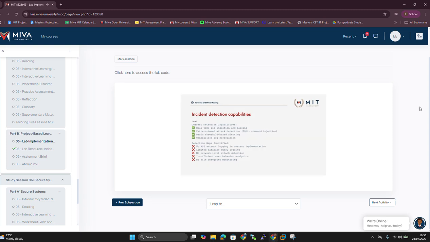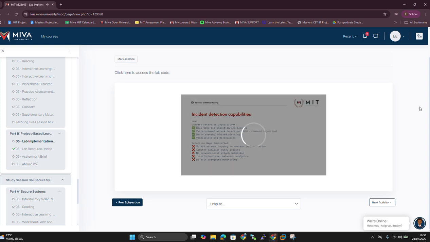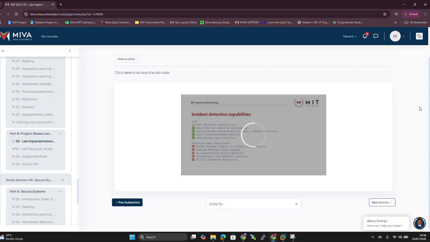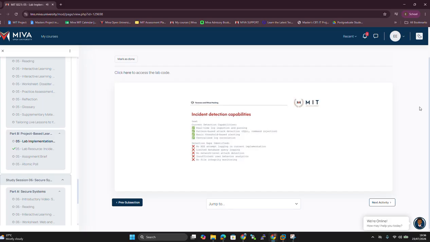For instance, real-time log ingestion and parsing has to be in place. Pattern-based attack detection has to be implemented. Basic threshold-based alerting has to be done. And then centralized log correlation has to be done.